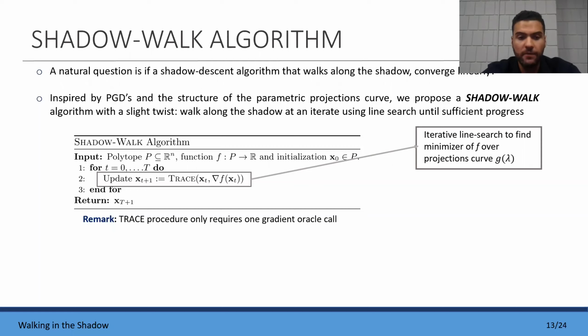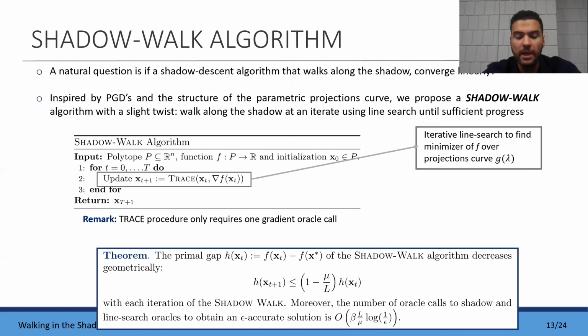A nice property of the shadow walk algorithm and the trace procedure is that it only requires one gradient oracle call per iteration. Remember that to trace the projections curve, we do not change the gradient, we fix the gradient. So we can now show the following convergence result, which shows that the primal gap of the shadow walk algorithm decreases geometrically as follows. But this assumes that the trace is a single step, and so we have the same linear convergence rate as PGD.